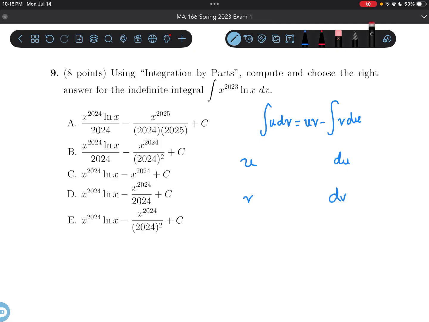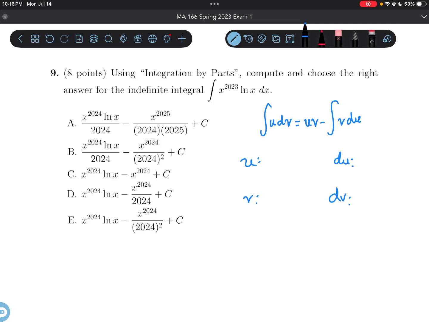So, in our original expression, we need to figure out what we are going to set as u and what we are going to set as dv in order to come up with a simpler integral. Basically, we want to make dv something that is easy enough to find the antiderivative of, and we want to make u the other thing.